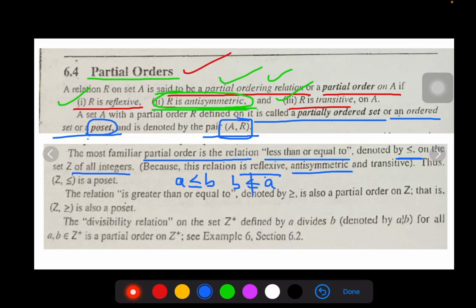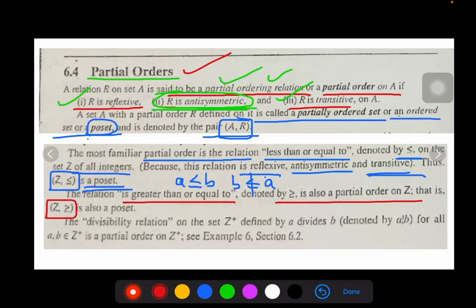And transitive: A less than or equal to B and B less than or equal to C gives A less than or equal to C. Therefore, it is done. So you can write Z, the set of all integers, that is your given set Z with the relation less than or equal to, is called a poset. Similarly, greater than or equal to will also satisfy similar conditions. Therefore, this is also called a poset.